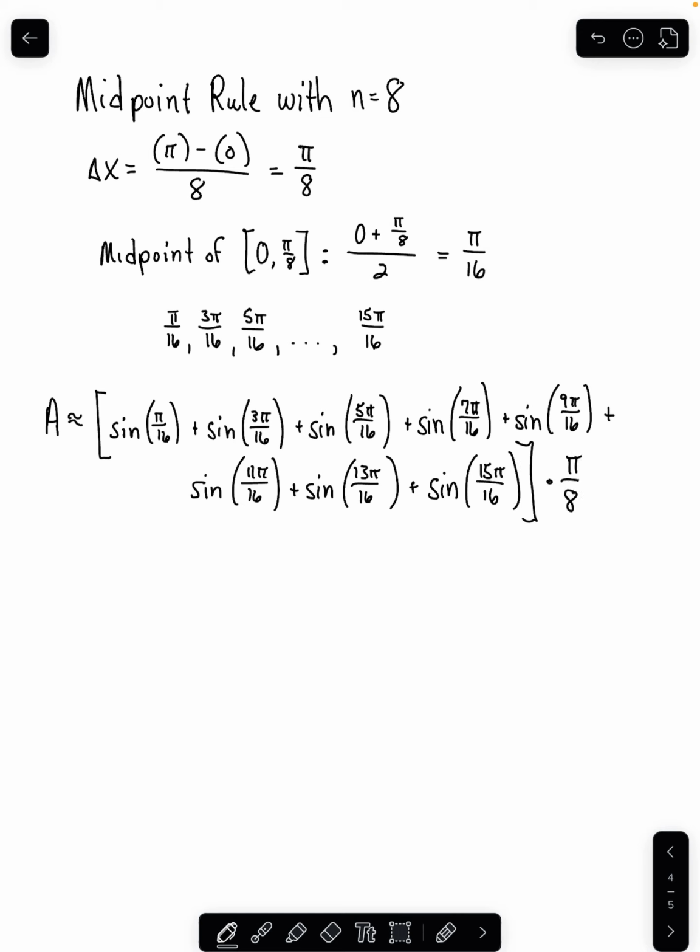And at the end, it will be multiplied by our delta x, which is pi over 8.